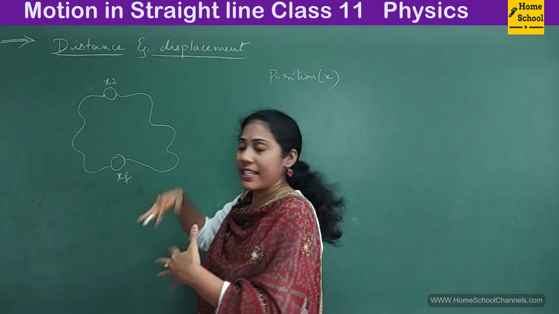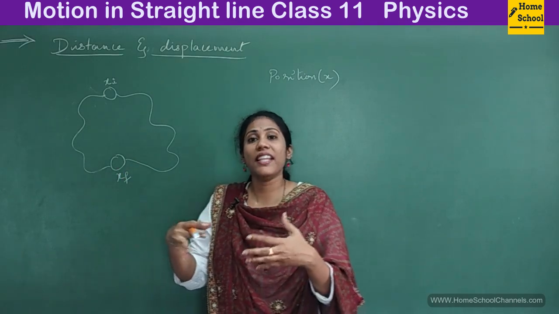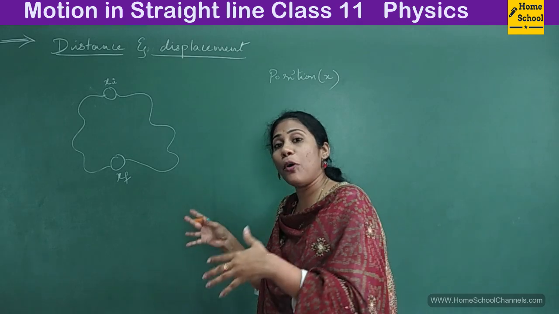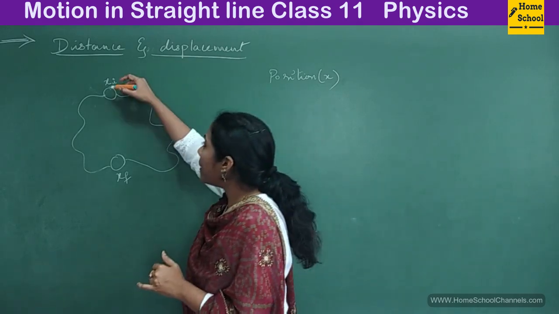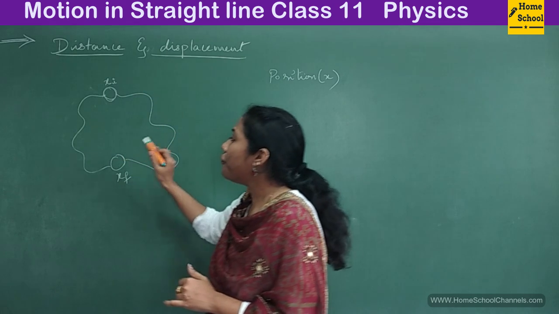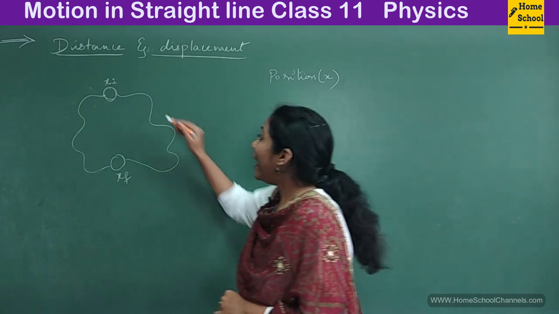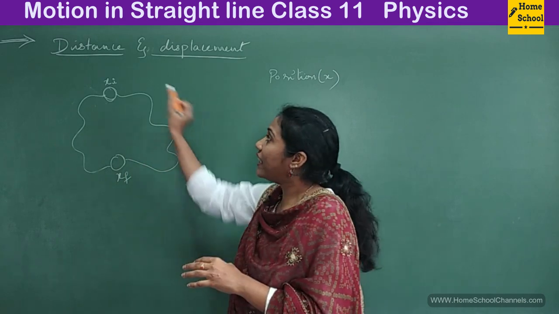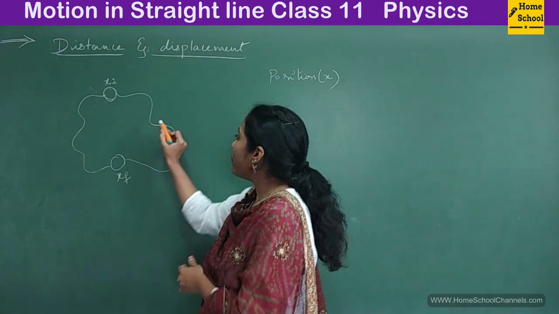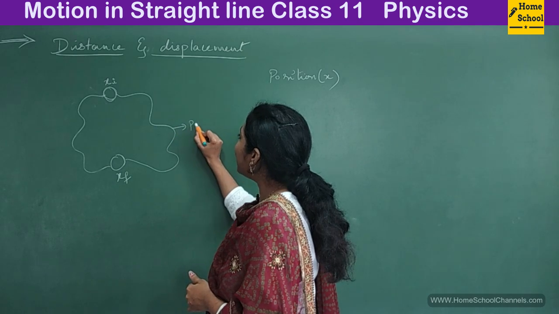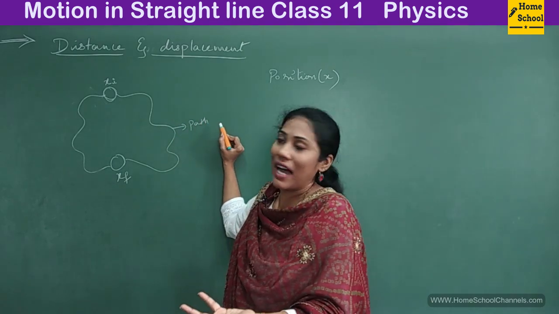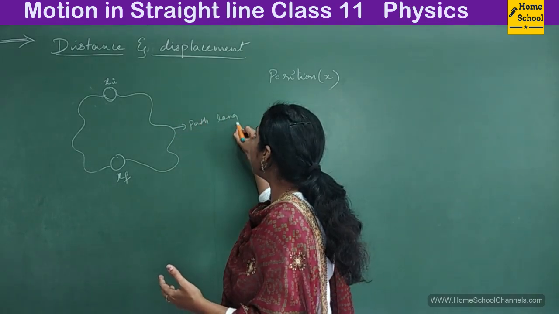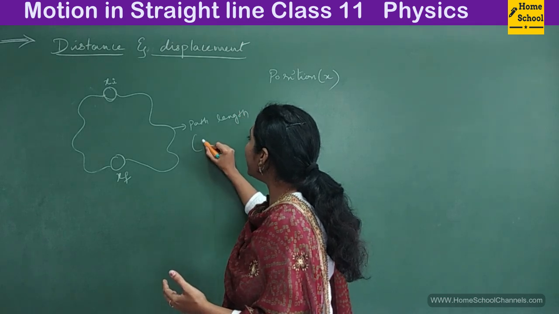There are several paths that a ball can take to come from the initial to the final position, and this path length is what we call distance.